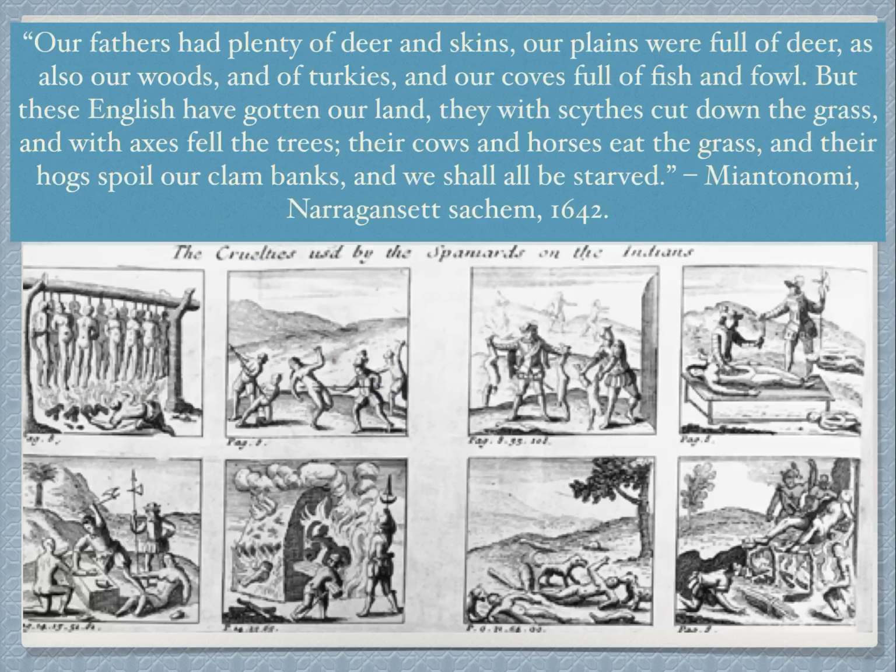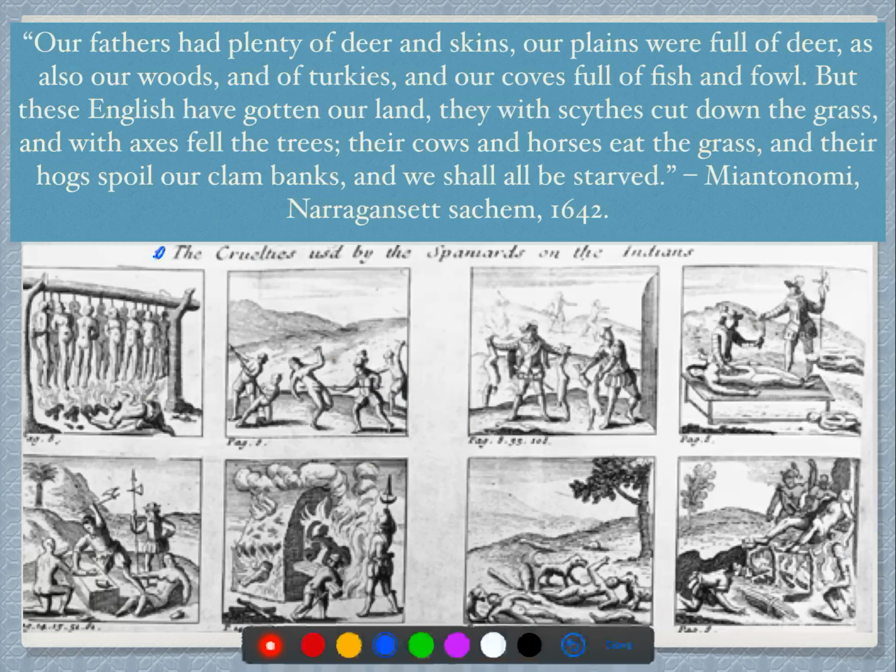So here is some primary source material for you about the treatment of the Indians by the Spaniards, condemning this treatment. You can see how absolutely horrific these pictures are. This up here says the cruelties used by the Spaniards on the Indians. And here's a quote up here from 1642 from a Native American.